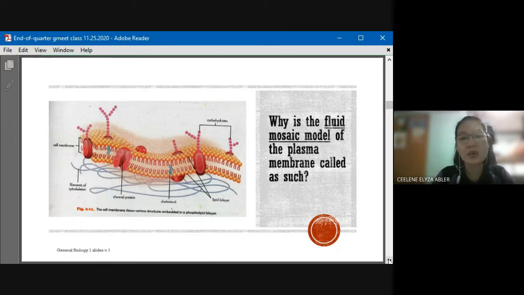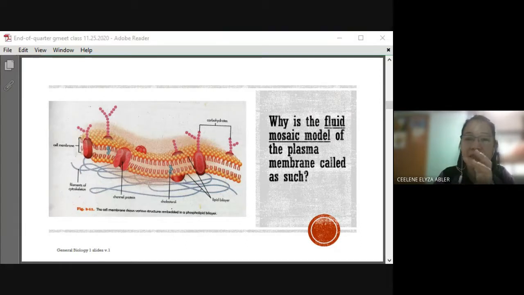Okay? So, balikan natin, bakit siya tinatawag na fluid mosaic model? It's called the fluid mosaic model because it does not have a very rigid structure unlike your cell wall na hindi masyadong nakakapapasok ng mga substances. And it's a mosaic because it has a lot of substances in it.